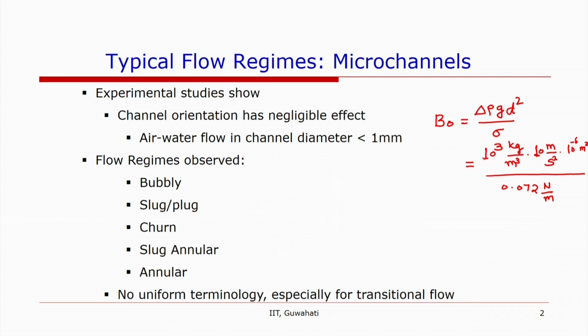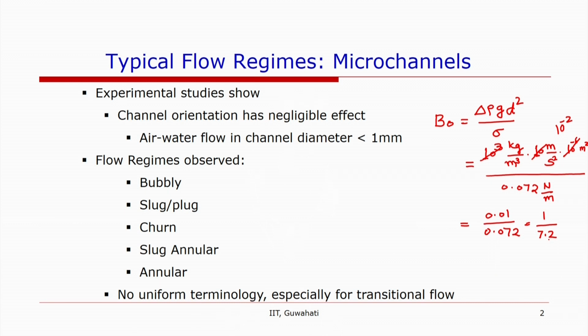So, if we cancel this out, we will get 10 raised to the power minus 2 here. So, that will be 0.01 divided by 0.072 or about 1 by 7.2. So, the buoyancy force is about 1/7 of the capillary forces or surface tension force for a channel of 1 mm, and as you reduce the size of the channel, this ratio is going to decrease further and further.